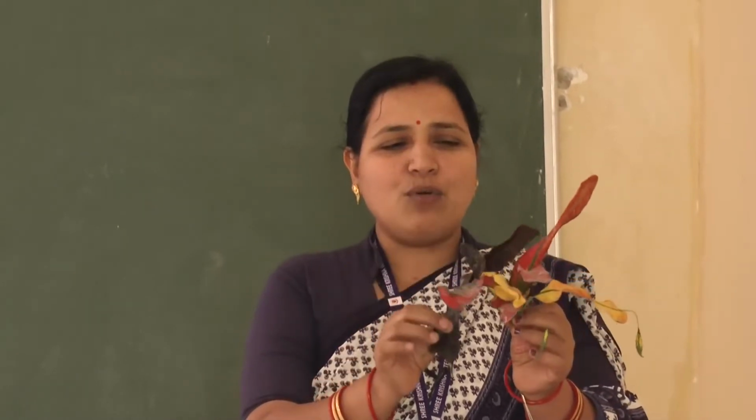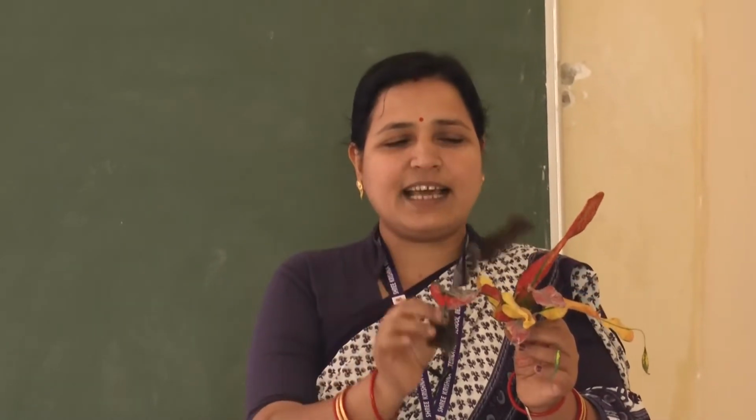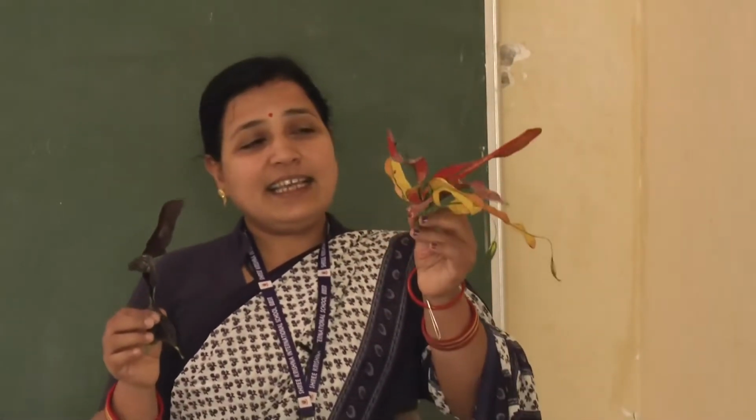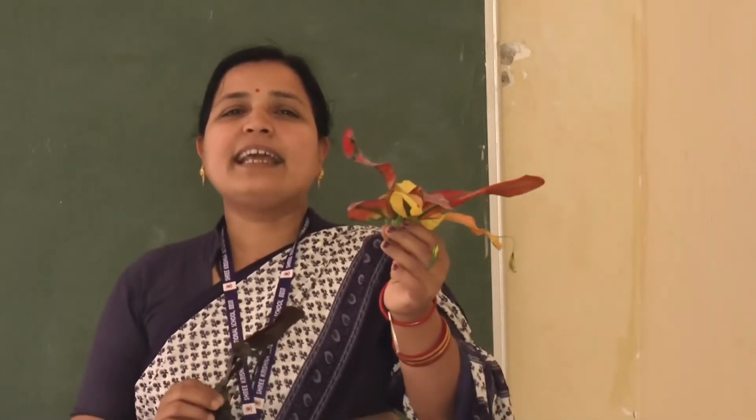How you count? How you know these are 8, these are 2, total are 10, then you tell me the process, in which way you know these are 8. First you say 10 leaves, then second time you see 8. In which way? By taking.